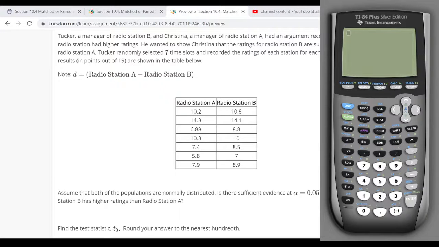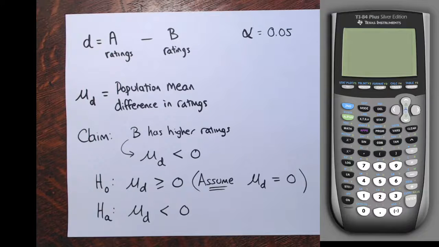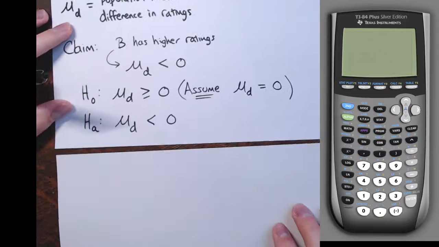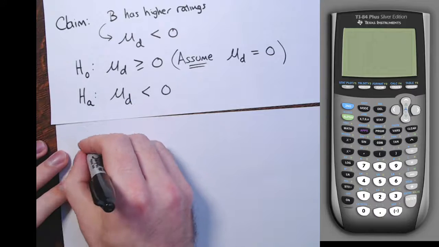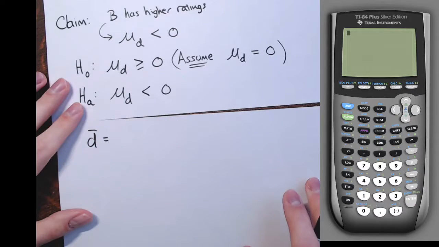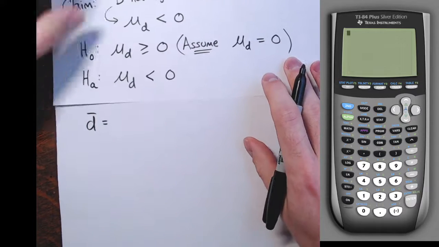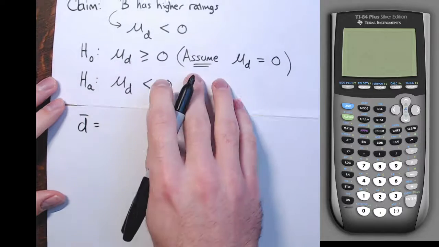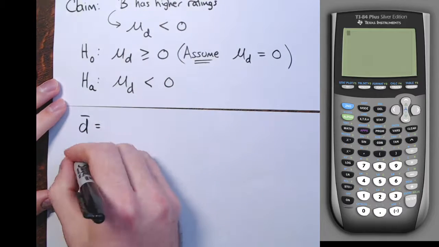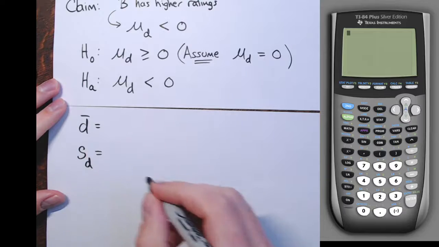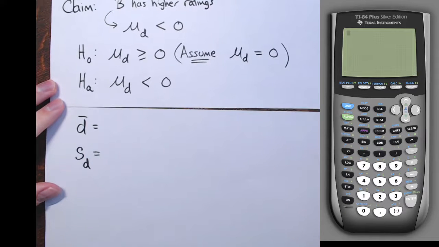And then what I want to calculate now, I'll pull the calculator back up, is for that sample of differences, what's the average of those 7 differences? What's d bar? And also, what's the standard deviation for those differences? What's s d?